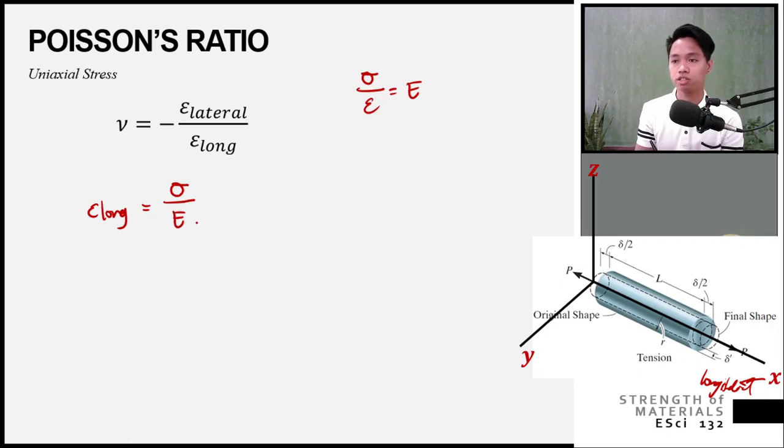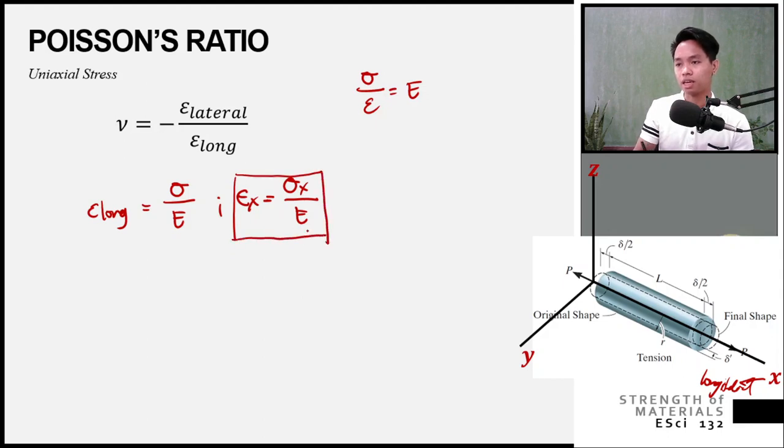Now, in this case, since your longitudinal axis is X, your strain at X is equal to your stress at X over your E. So, obviously, this is our strain at X. How do we solve for stress at X? Simple. Your stress is just force over area: the force P over the cross-section area of your rod. That is just basic stress.